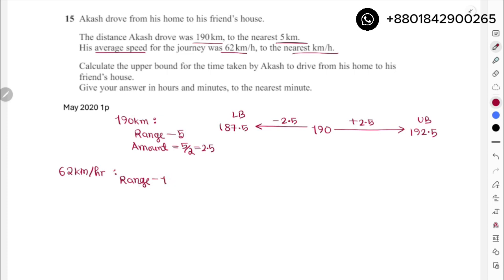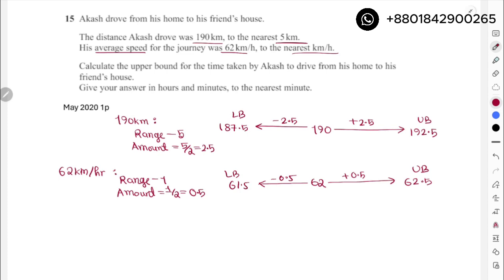If the range is 1, again I know the amount that I'll have to add or subtract is going to be half of that range, which is 1 divided by 2, which is 0.5, and we were starting with 62, right? So I'll have to add that half to 62, that leaves you with 62.5, and subtract 0.5, and that leaves you with 61.5.